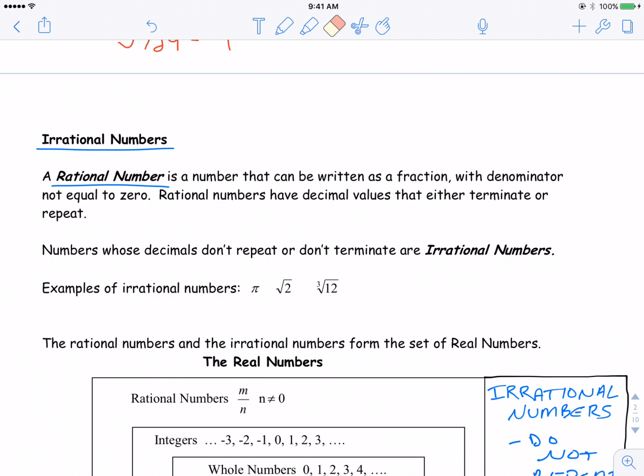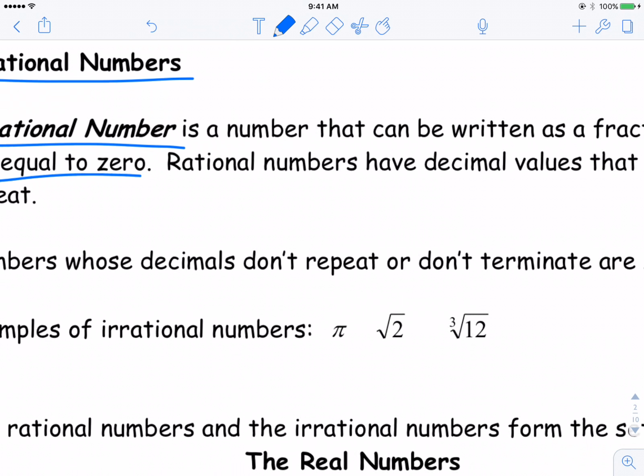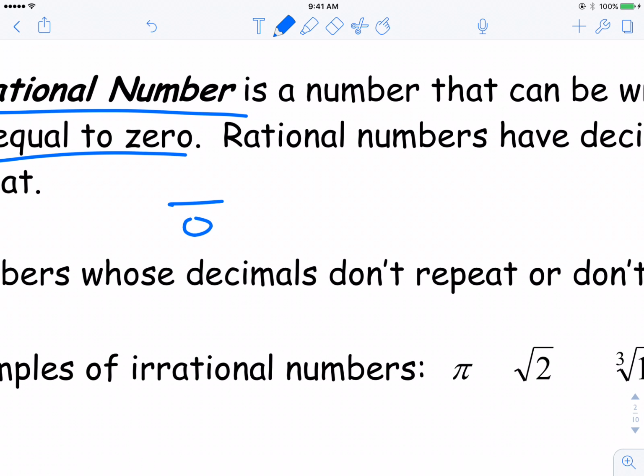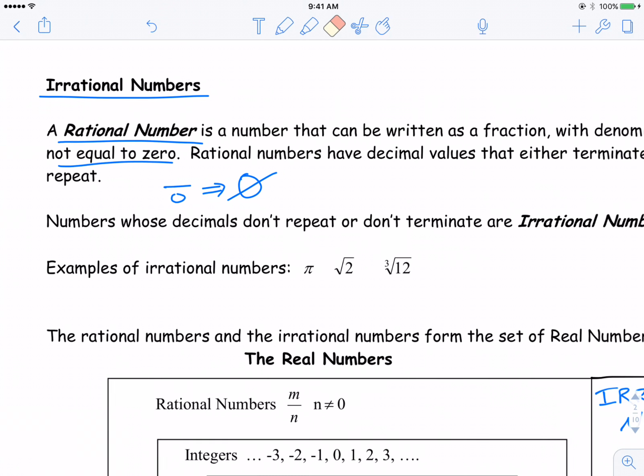So any decimal number that stops or repeats can be made into a fraction, and of course a fraction that does not have a denominator of 0, because as soon as we have a denominator of 0, we get undefined if we try that in a calculator. We can't have a denominator of 0 because we can't divide by 0.